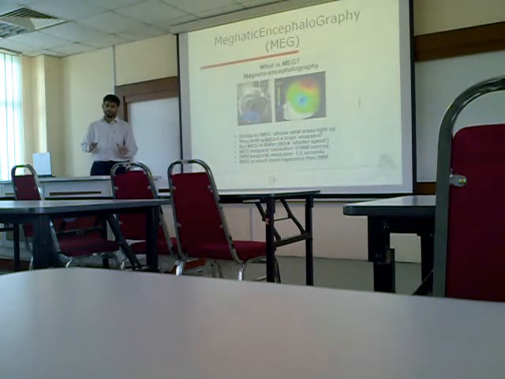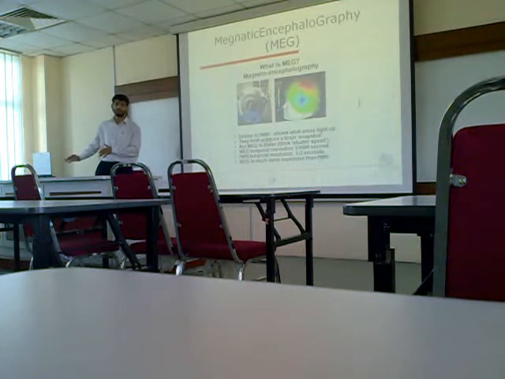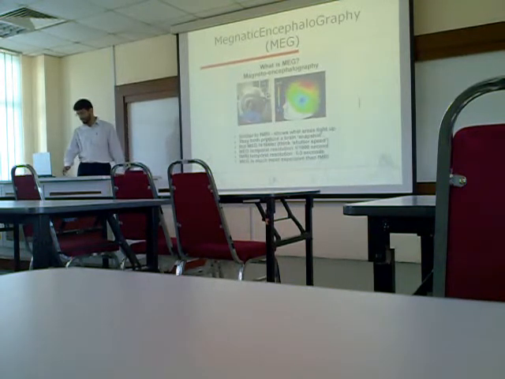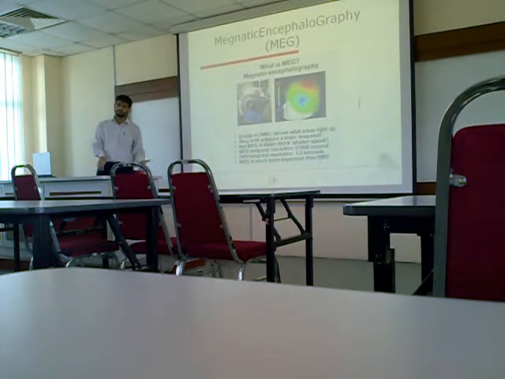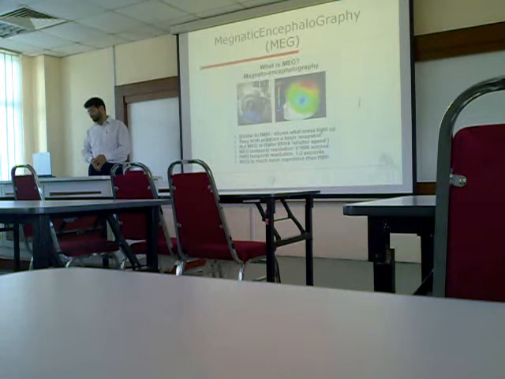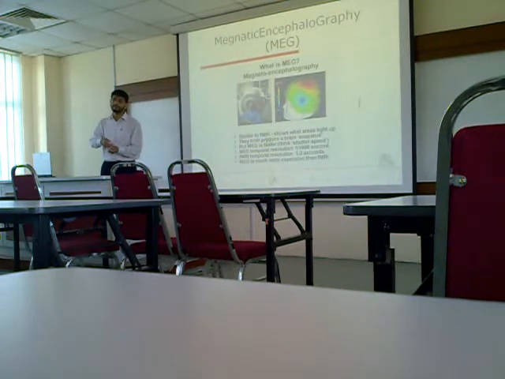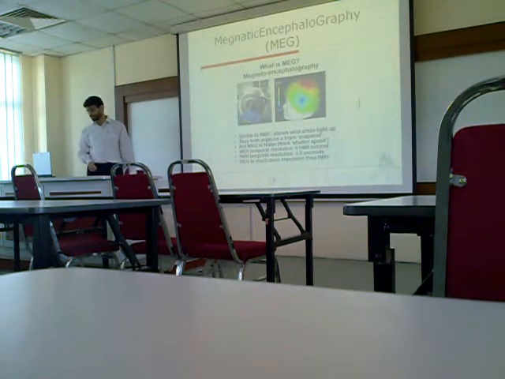I talked about the imaging techniques that depend on the hemodynamic change. But you can see here that in the magnetic type, you can also make a topography of the brain by checking the electrical change that occurs, not directly, but by the magnetic influence of the change in the electricity of the brain tissue.